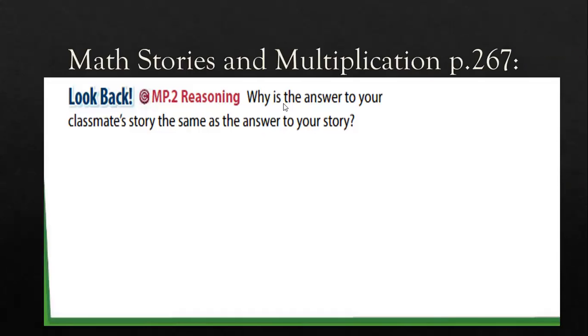Page 267 also, why is the answer to your classmate's story the same as the answer to your story? The 2 stories that I have written have the same answer, which is 4 multiplied by 5 is 20.